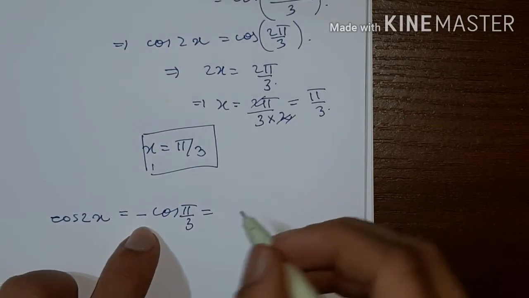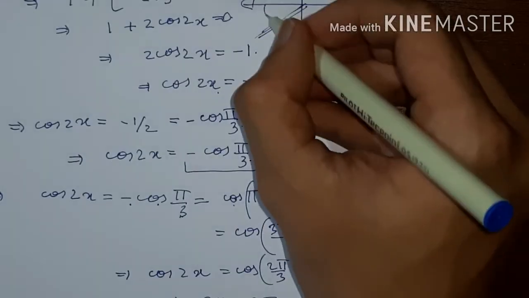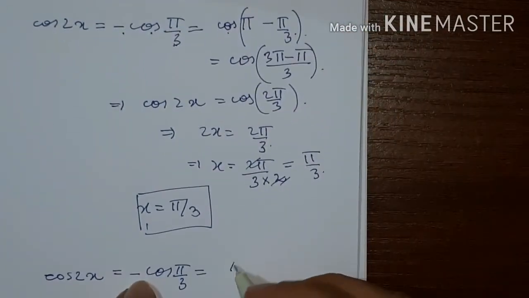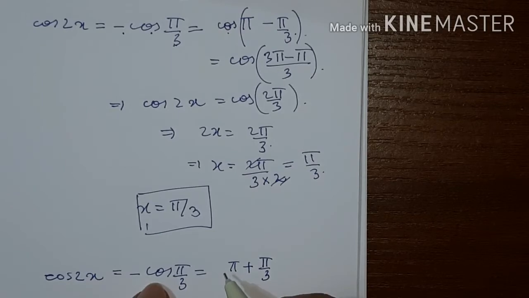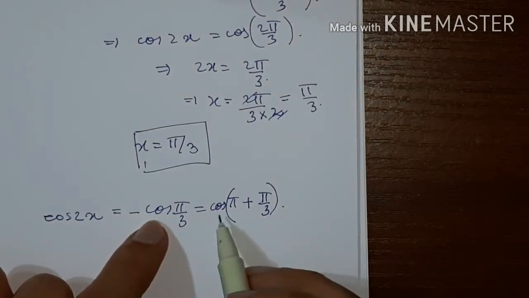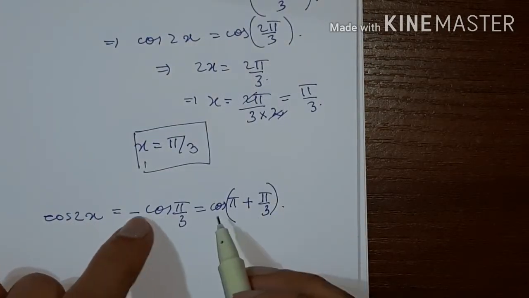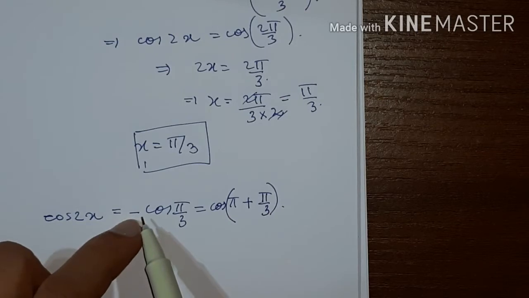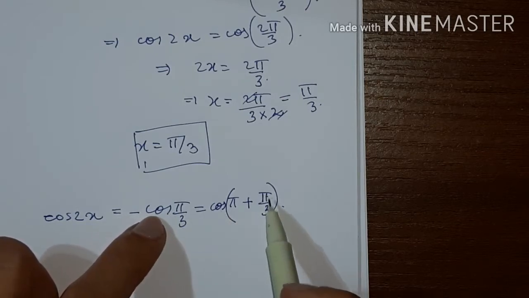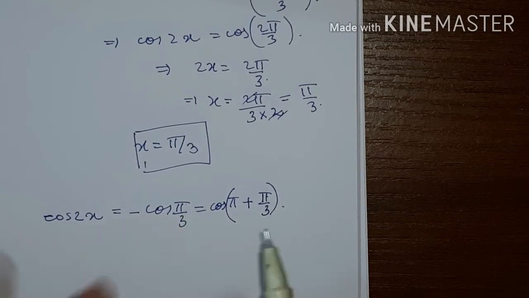So now how to go in the third quadrant? Pi plus this theta. Now here it is cos, because the ratio should remain the same. You can check, cos is negative in the third quadrant, so minus, ratio remains same, so cos, and this theta without the sign, so pi by 3.